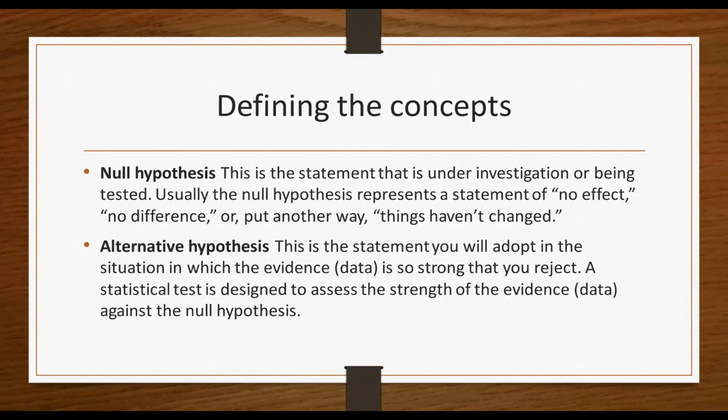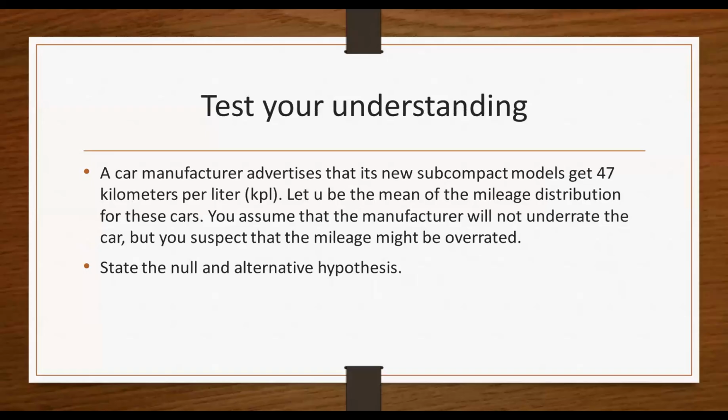So in other words, the alternative hypothesis is there to rule out the null hypothesis. Okay? Any question?